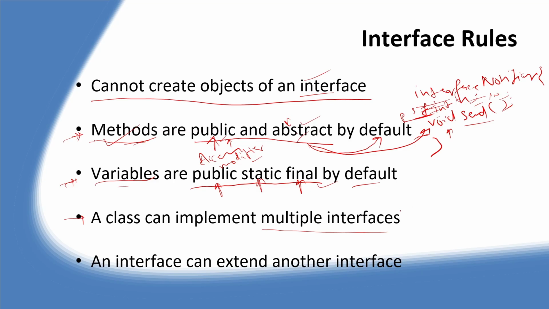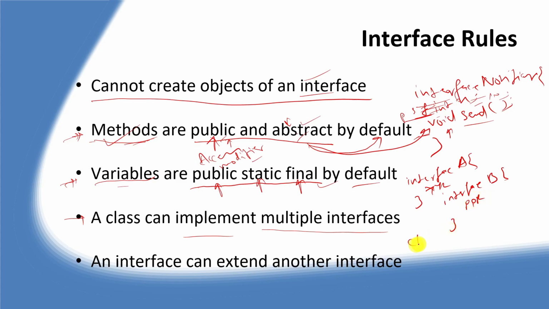A class can implement multiple interfaces. What does it mean? Let's say we have defined an interface A, and inside this we have written some method xyz, and we have another interface B, with the method declaration pqr. So these are the two interfaces.